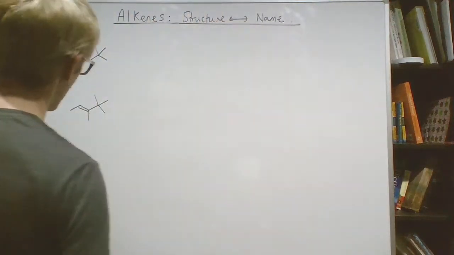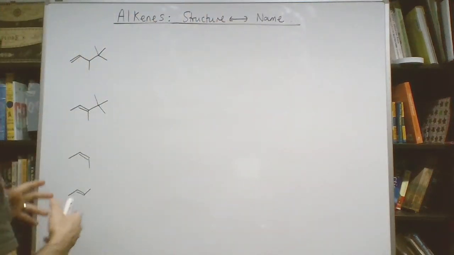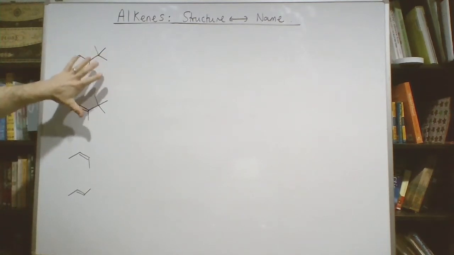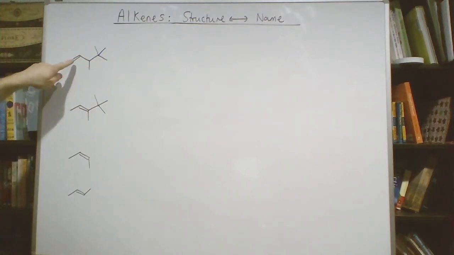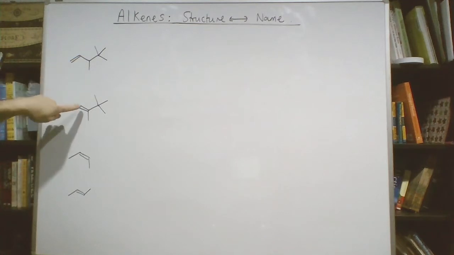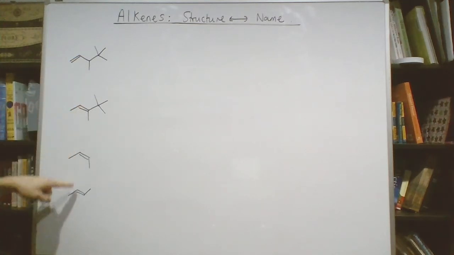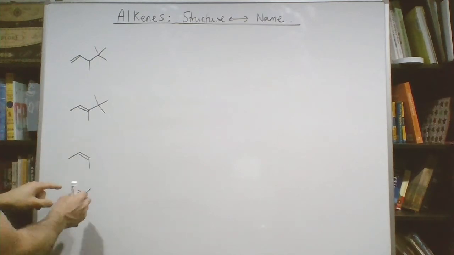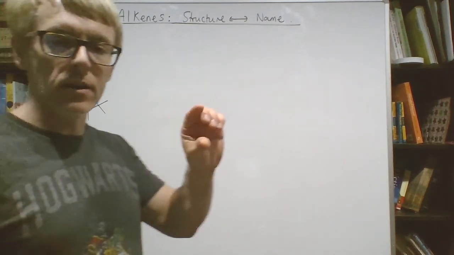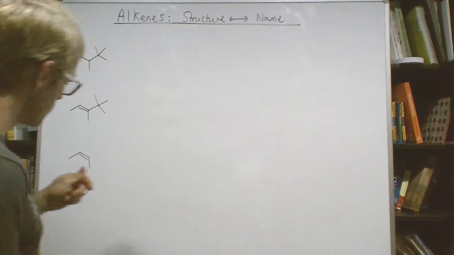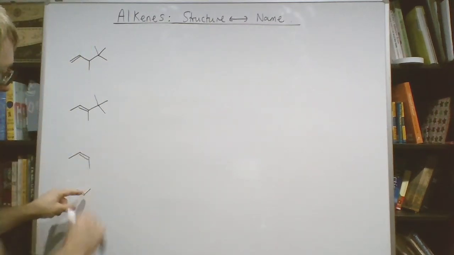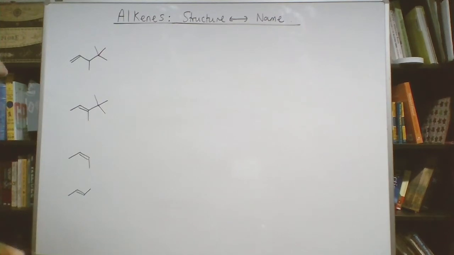So I've picked these four molecules deliberately. You can see here that everything looks the same between these two, although the double bond has migrated slightly. And the difference between these two, now remember, double bonds can't twist, so I won't say twist, but it looks like this single bond is being broken and reattached in a different location.